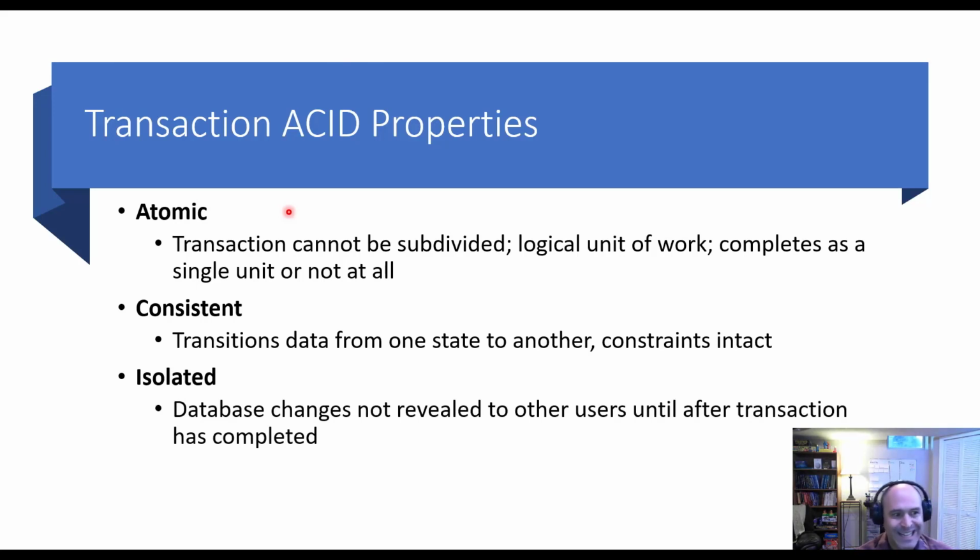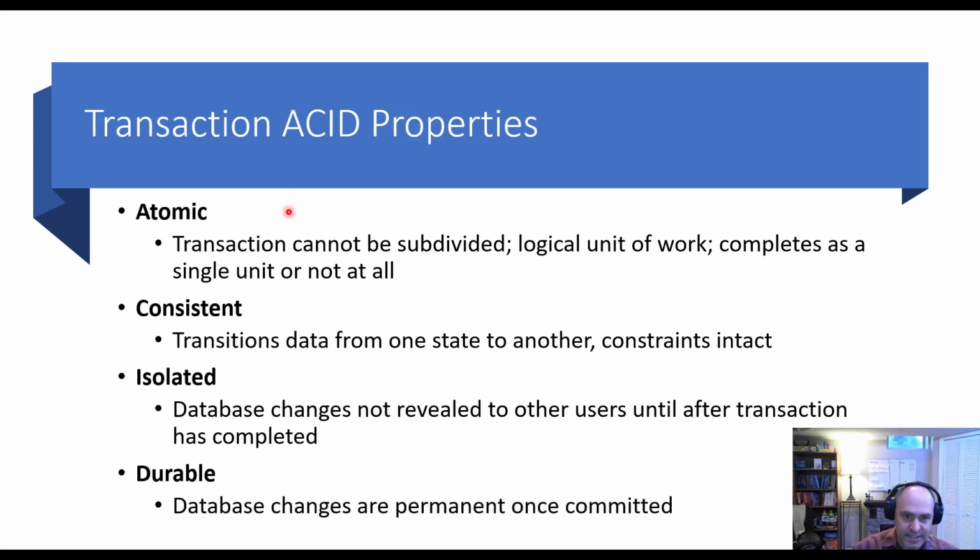So if someone's reading the accounts table while I'm making changes to it, they would not see those pending changes to the accounts table. And transactions are durable, which means that once the transaction has finished, the changes are written to disk and they are permanent. So let's explore all of these ACID properties through a couple of examples.